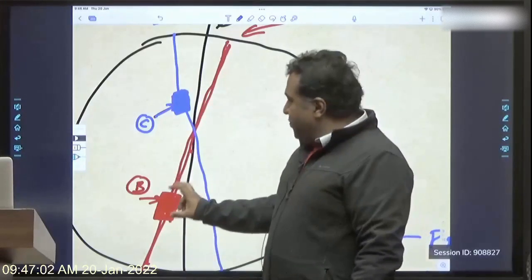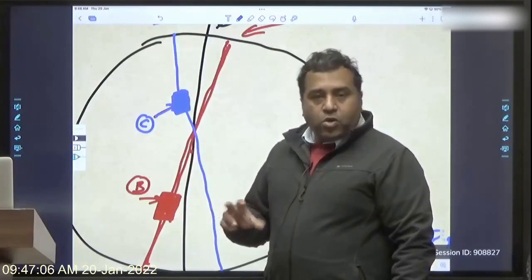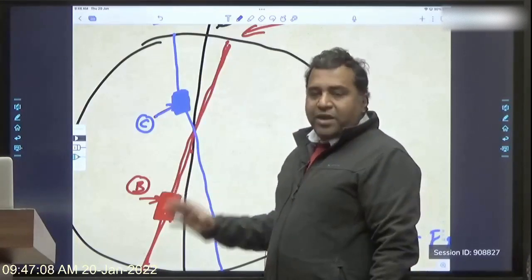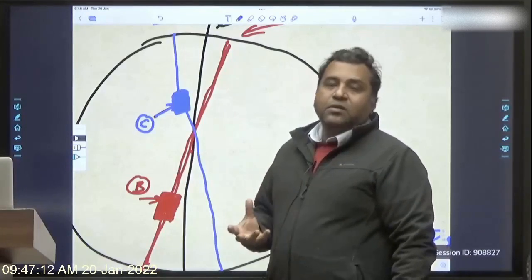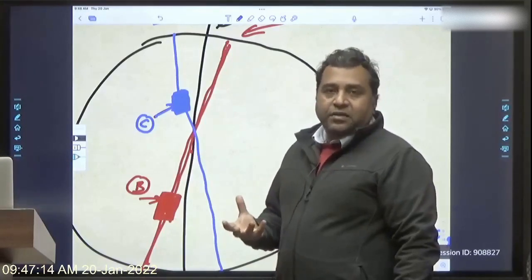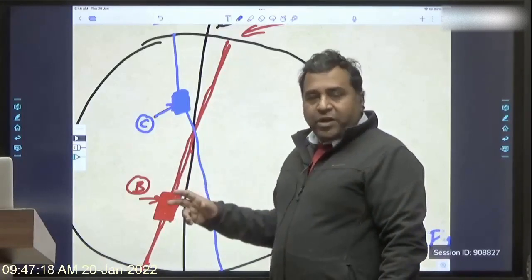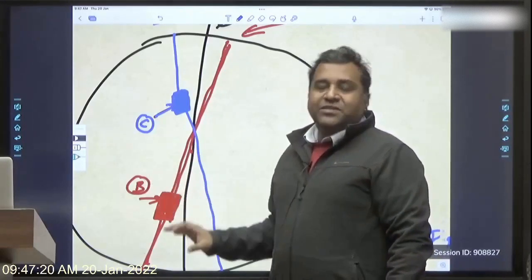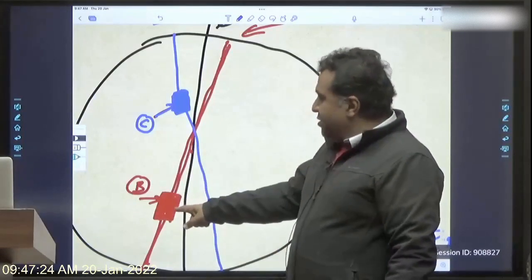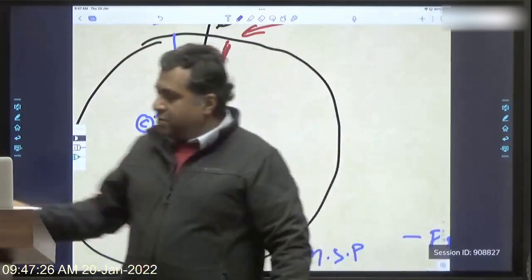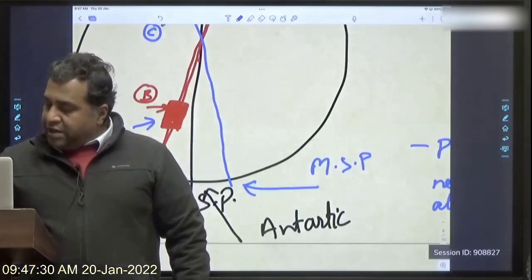This is what we call the magnetic polarity of the rocks, or rock polarity. Rock polarity means that rocks which came out of a volcanic eruption during a given magnetic polarity phase of the earth will align themselves according to that phase. So this red one becomes normal polarity, right?